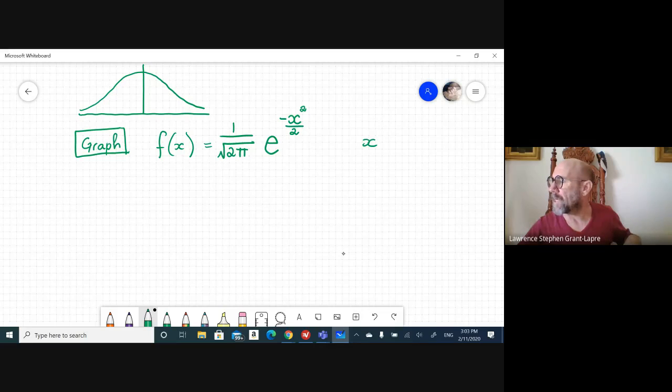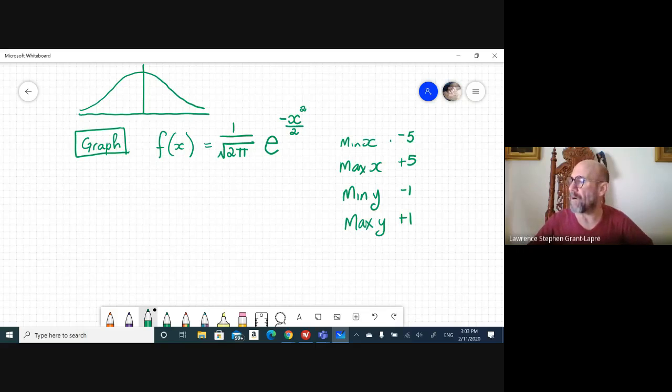Make your minimum x go across to say -5, and your maximum x go across to say +5. Make your minimum y go down to -1 and your maximum y go up to +1 because it doesn't go very high.